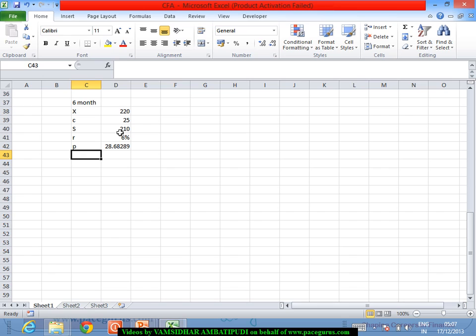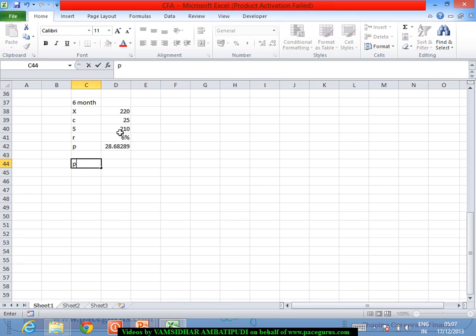Now let me assume the actual market price. So this is how I derive the no arbitrage price of the put option using the call put parity relationship. Ideally, the put option price for this kind of a stock should be 28.68.